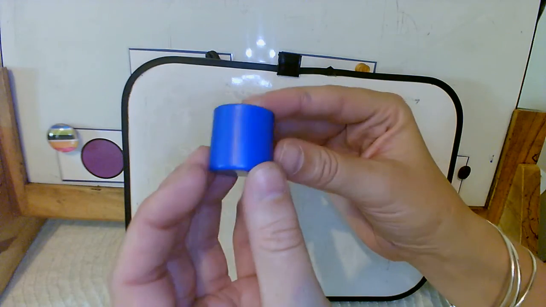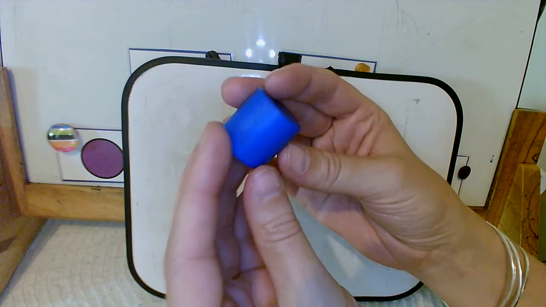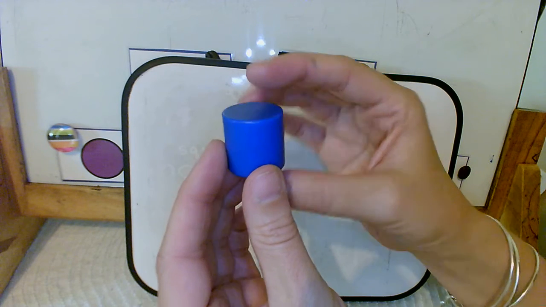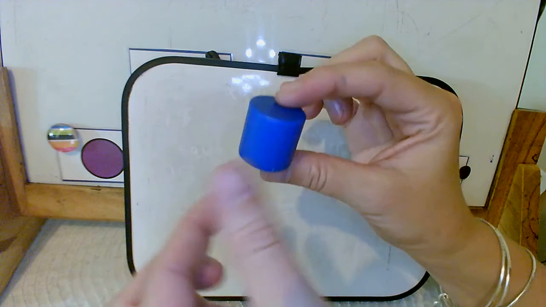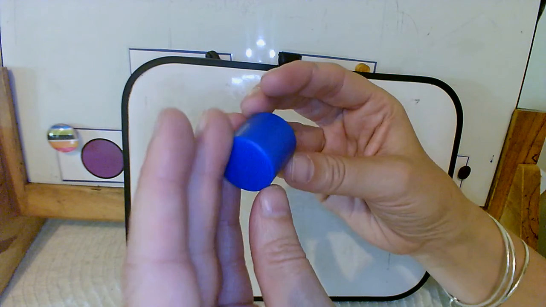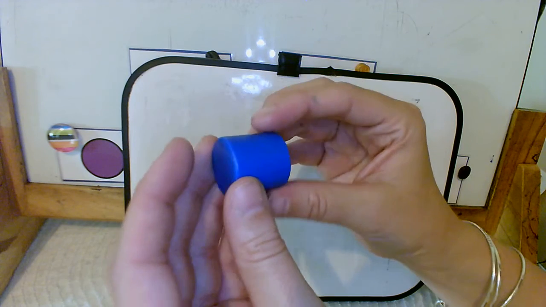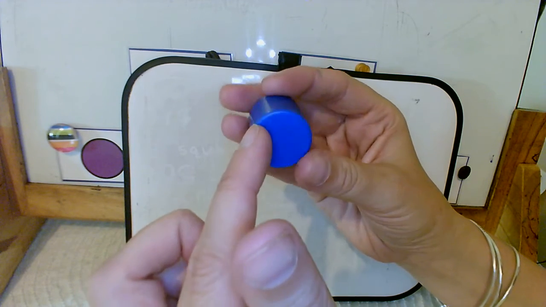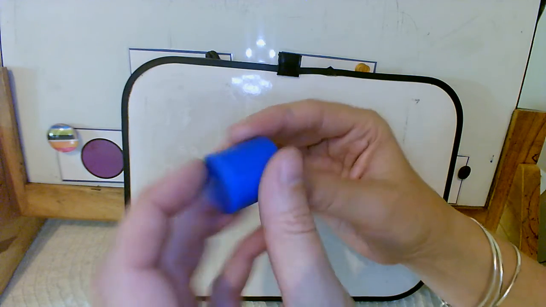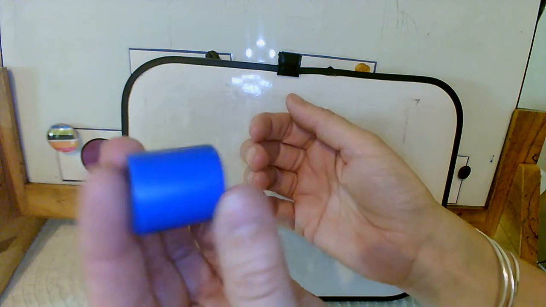What makes this three-dimensional? Well, it has length and width and height. It has 3 dimensions. We can see how long it is, how wide it is, and how tall it is. It's 3-dimensional. It's not flat.